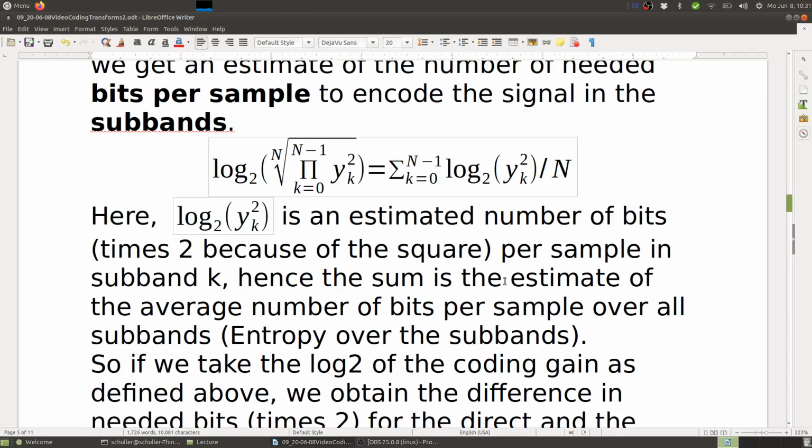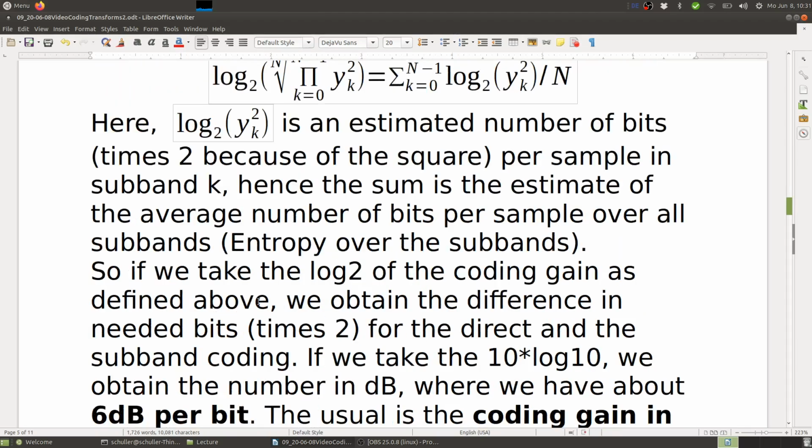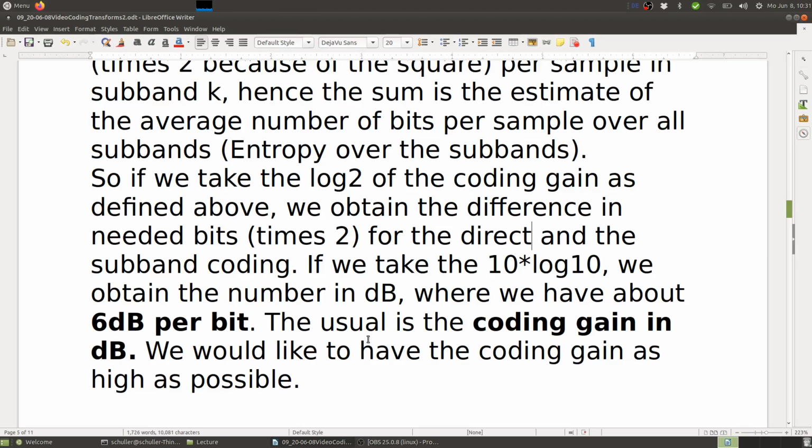And now it's interesting to see if we actually get a benefit from doing it in the subbands. And to estimate the benefit, that's exactly the coding gain. Right. So if we take the log 2 of the coding gain as defined above, we obtain the difference in the needed bits times 2 for the direct coding and the subband coding. If you take 10 times log base 10, we obtain a number in dB where we have about 6 dB per bit.